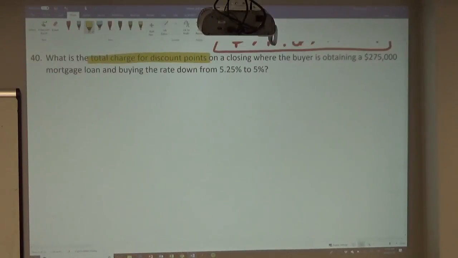Well, we know the total charge for discount points is going to be the number of points times 1% of the loan, because each point costs 1% of the loan.